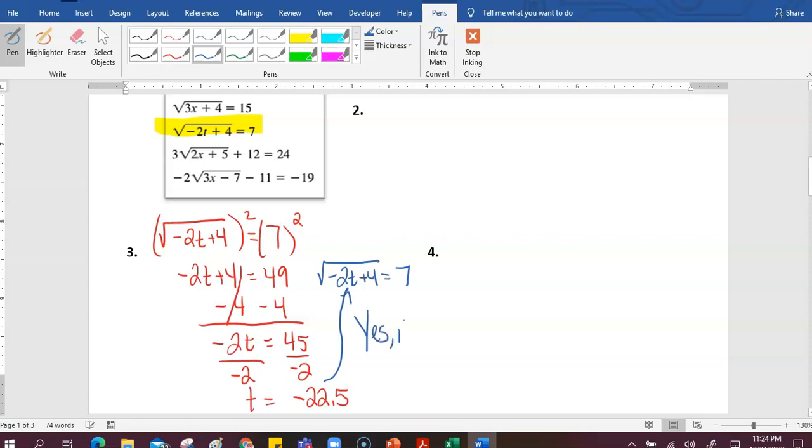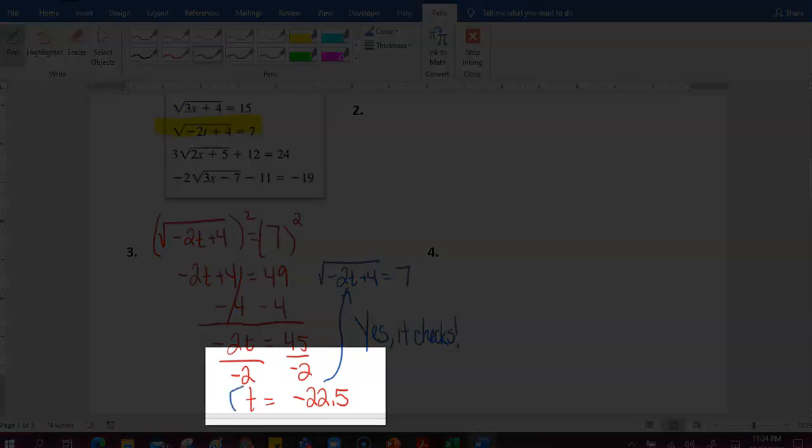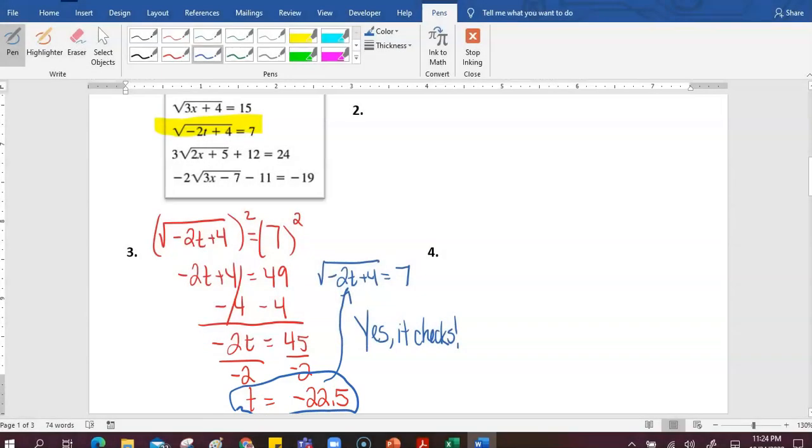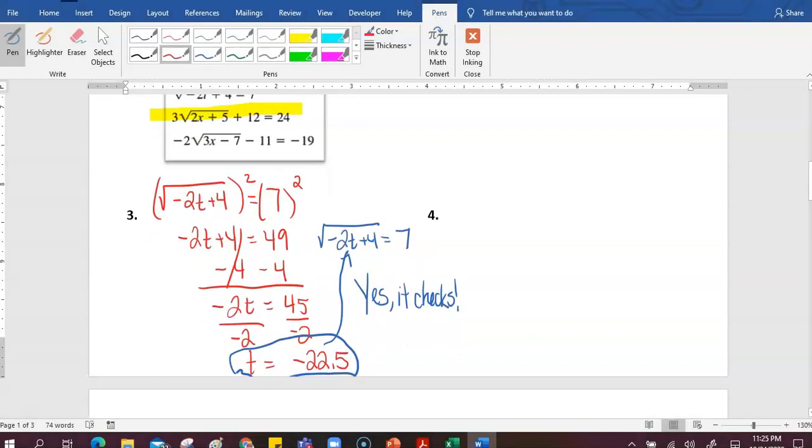And yes, it checks. So our final answer is t is equal to negative 22.5. Next we head to number 4.